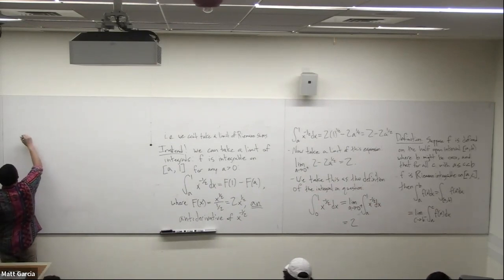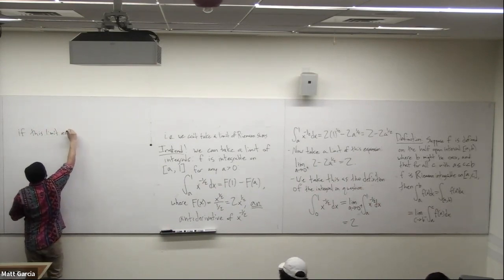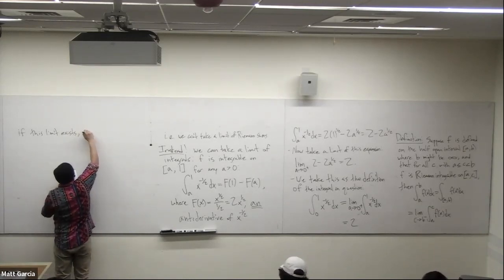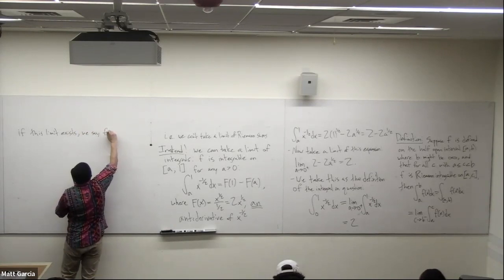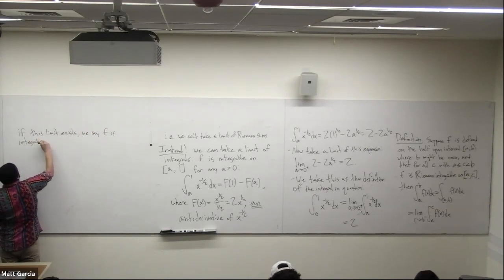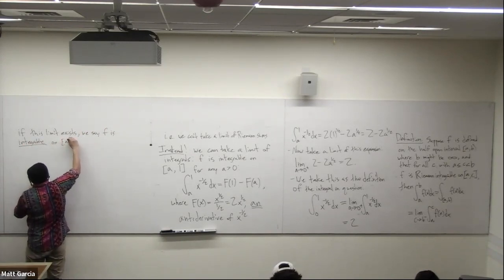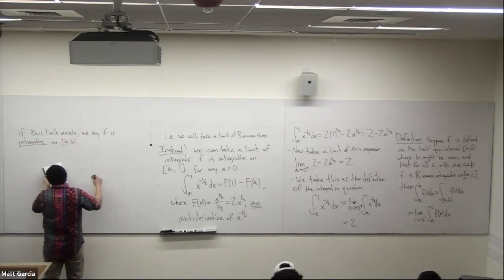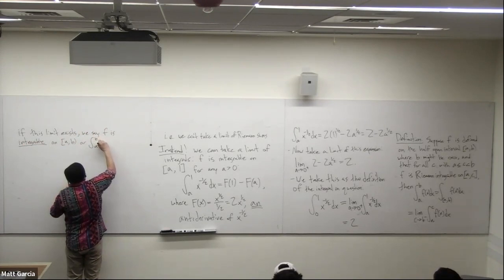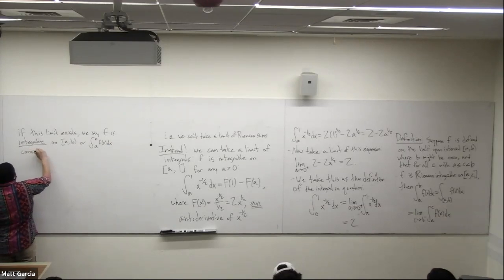Okay, so let's continue this definition. If this limit exists, we say f is integrable on this half open interval, or sometimes we say the integral from a to b of f of x dx converges.